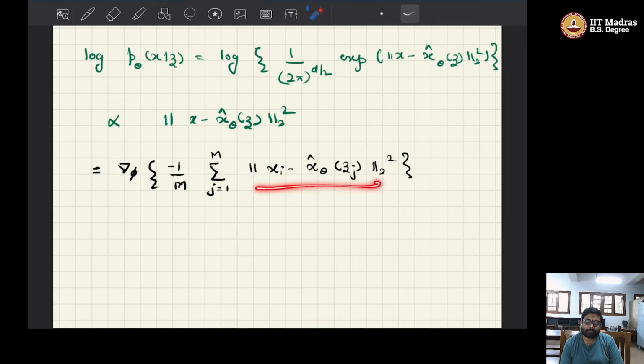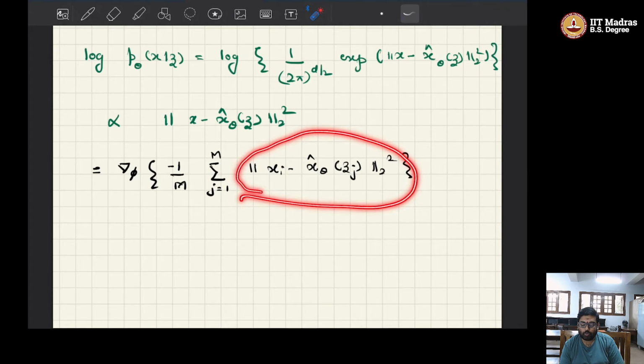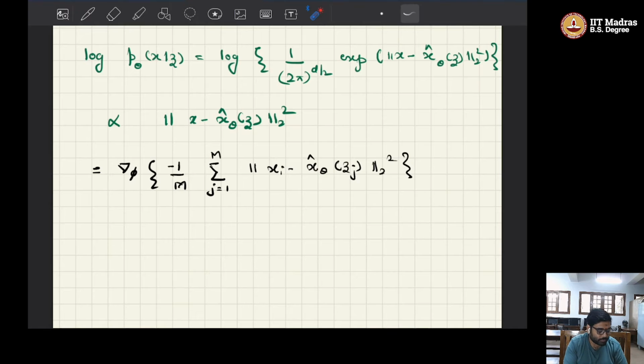This is the MSE between two matrices. Now there is a very nice knack here. I leave it as a small teaser. If your image has values between 0 and 1, then this can be looked at as the BCE, binary cross entropy. Think of how.